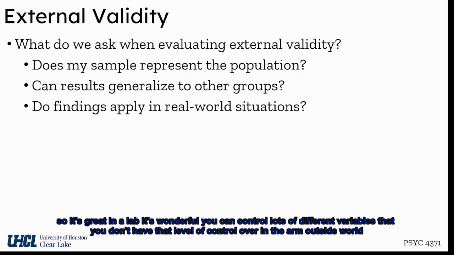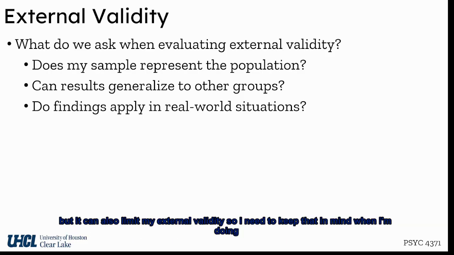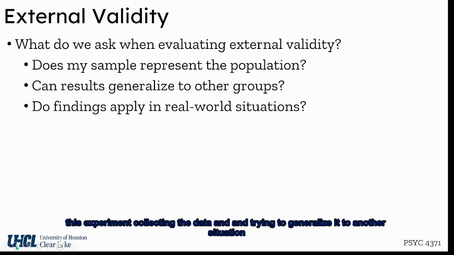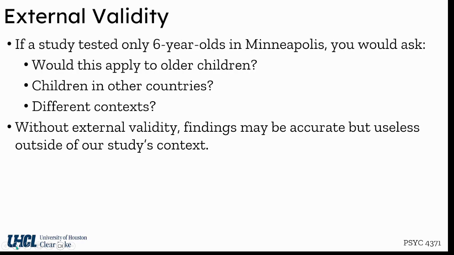So it's great in a lab. It's wonderful. You can control lots of different variables that you don't have that level of control over in the outside world. But it can also limit my external validity. So I need to keep that in mind when I'm doing this experiment, collecting the data, and then trying to generalize it to another situation.